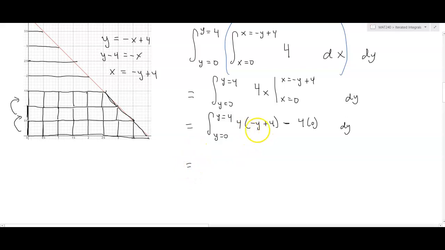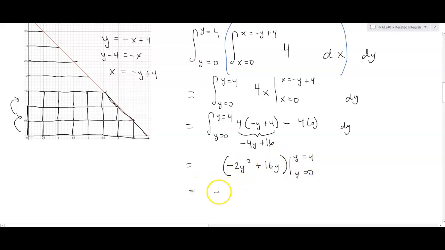Now this is going to be the integral of negative 4y plus 16. And already we're seeing that we're getting a similar structure to our last answer, except now in terms of y. So the integral of negative 4y plus 16 will be negative 2y squared plus 16y, and I need to evaluate that on our boundaries y equals 0 and y equals 4.